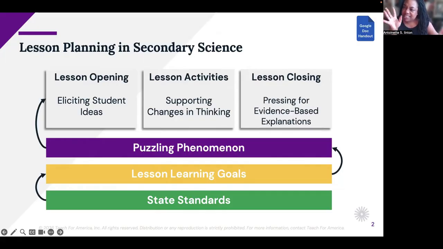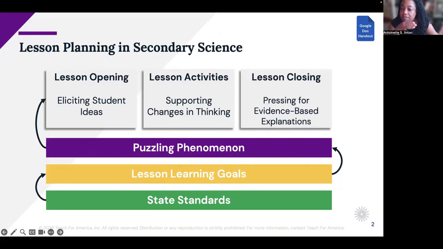Super important. Let's talk about it for a minute or two. Why might eliciting student ideas matter before we formally teach content? And based on student responses, what might the teacher need to do next?